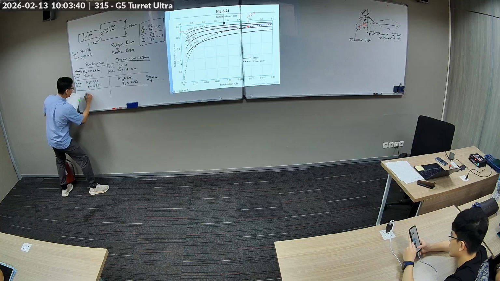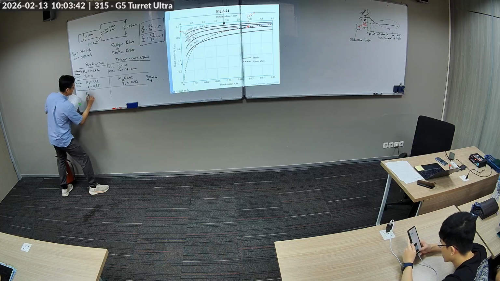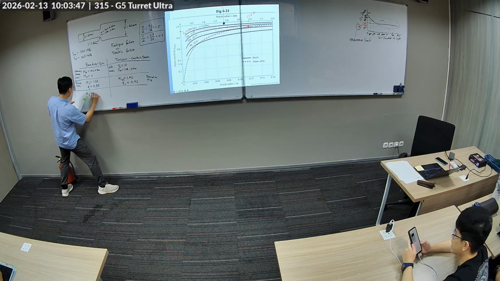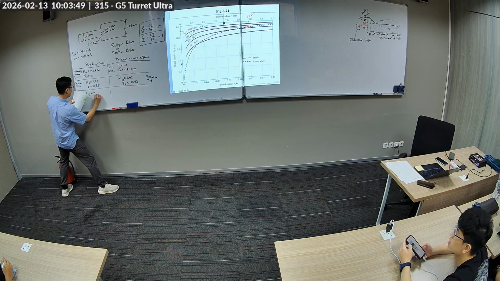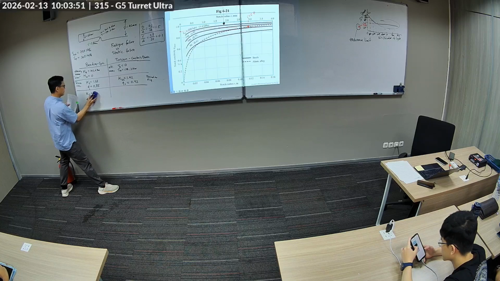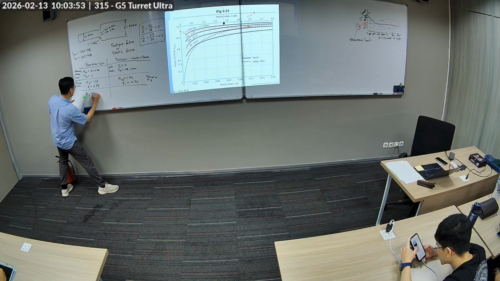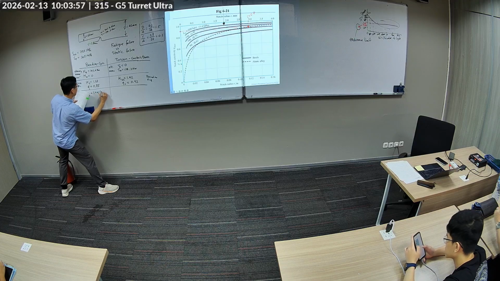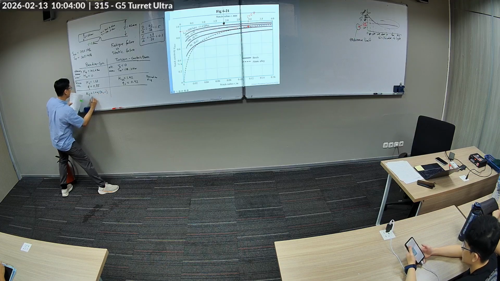Final step. Well, not final, but we calculate KF, and this is a combination of KT. The formula is 1 plus Q times KT minus 1.